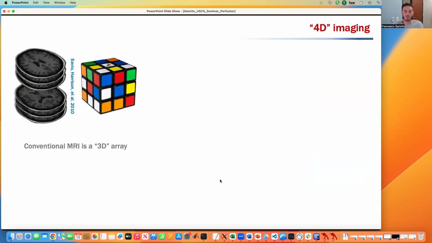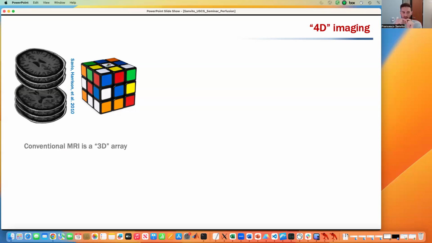I want to introduce what the concept of 4D imaging is. If we think about a conventional MRI of the brain, we can think about how the data is stored just like a 3D array. It means that in space, every little voxel has some coordinates in the XYZ space, so it's located somewhere in a three-dimensional space.